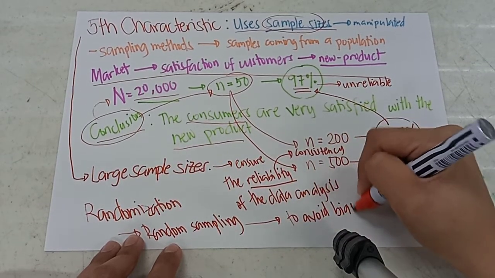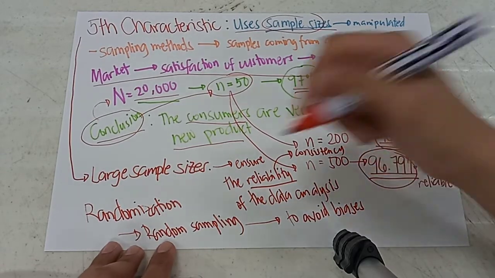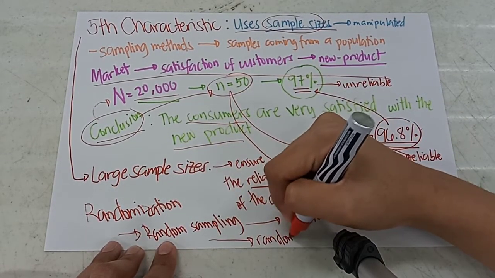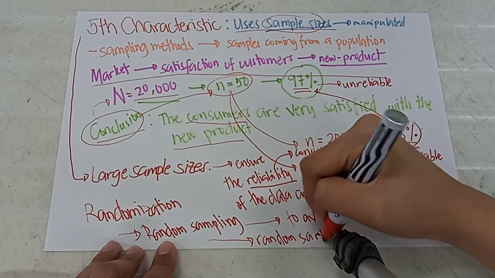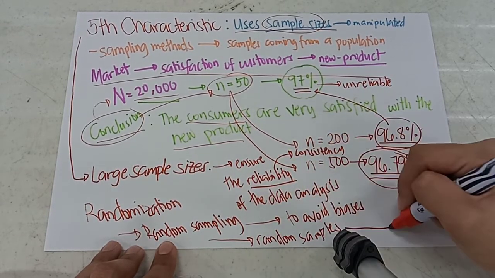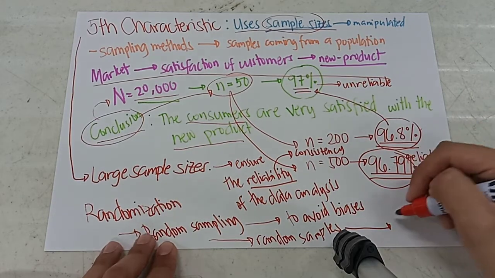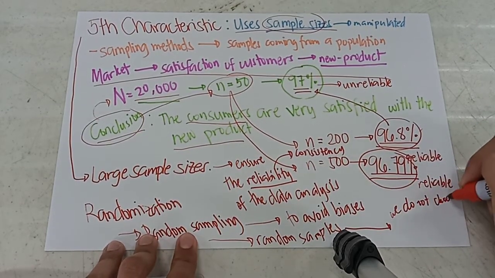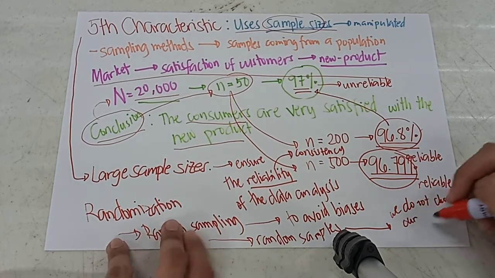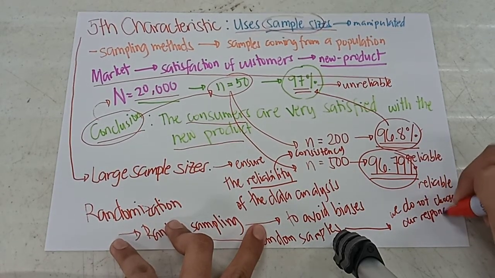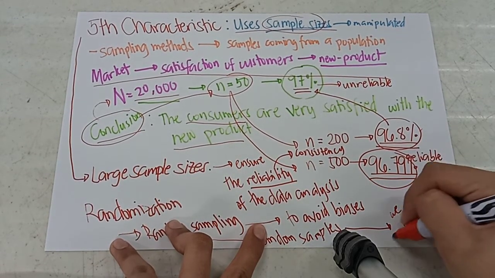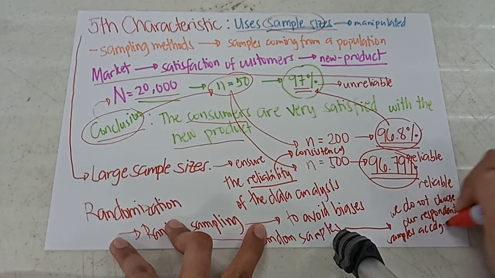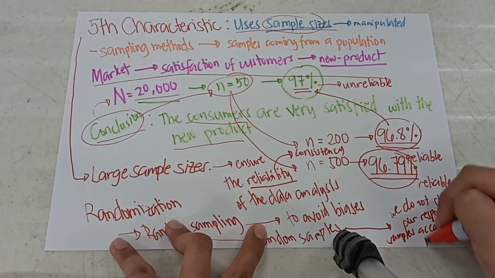That is the main purpose of random sampling, to avoid biases. Random sampling uses random samples. Meaning to say, we do not choose our respondents or samples according to our preference.